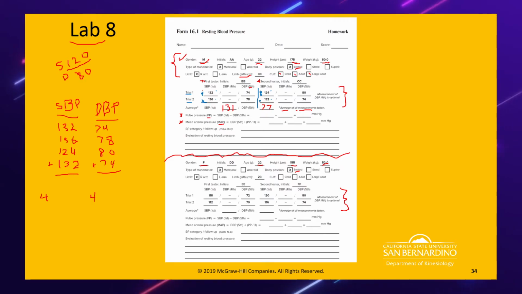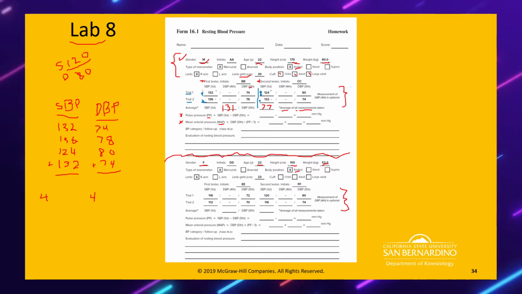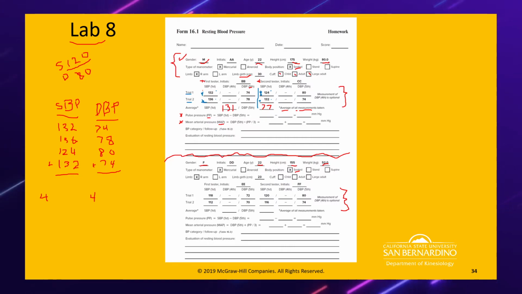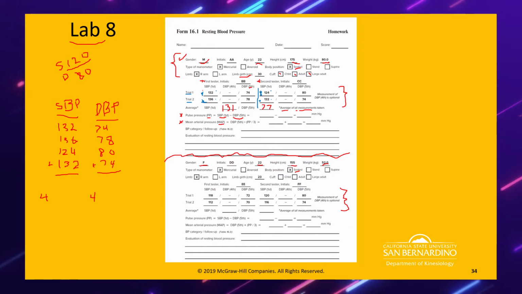So once you get that, now we just do some simple math. The pulse pressure is a simple subtraction. You want to subtract the first sound with the fifth sound, so your first systolic with the fifth systolic.